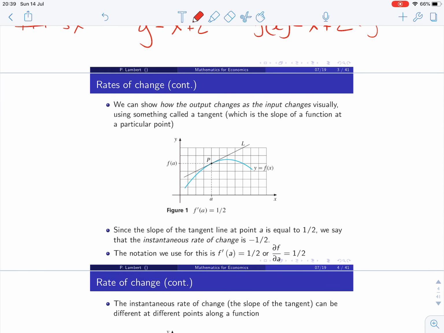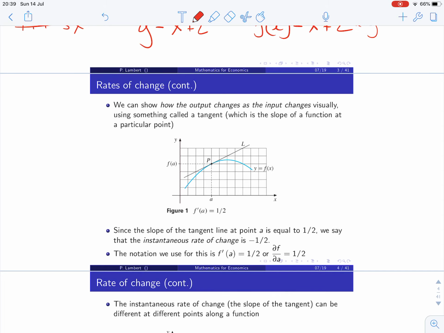We've got a visual representation of a function in this slide with x and y on the respective axes. The rate of change for a particular input level is given by the tangent line. The slope of this line is defined as the rise over the run.